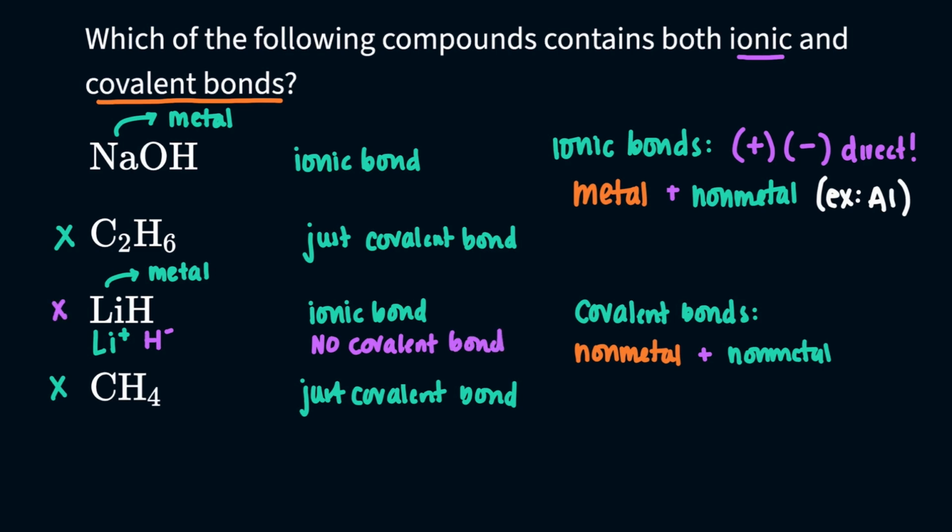Which means that NaOH has to be the one. And if we just look into it, we have Na plus as the metal, and OH should look very familiar. OH minus is one of your polyatomic ions. That's hydroxide.